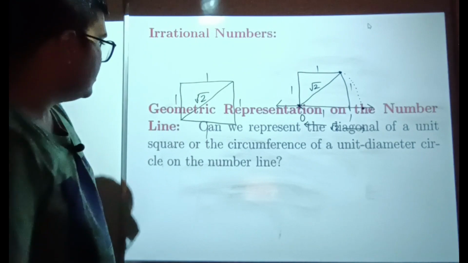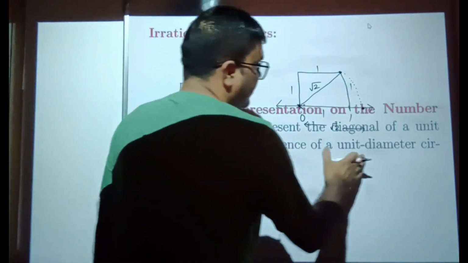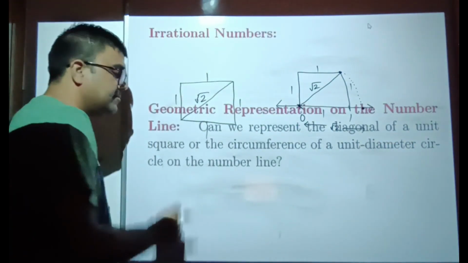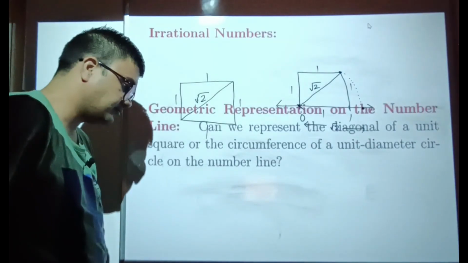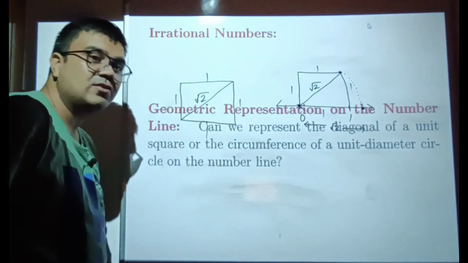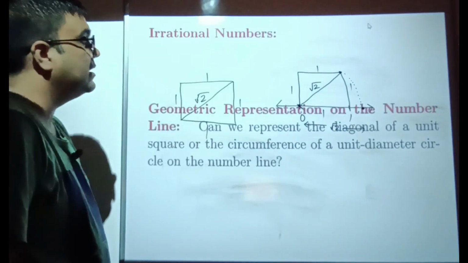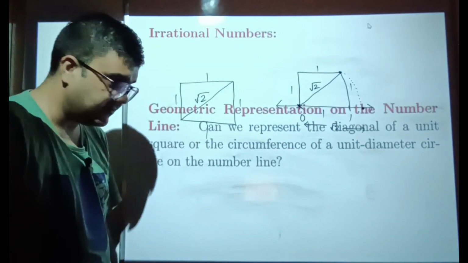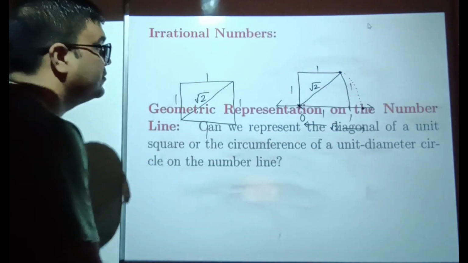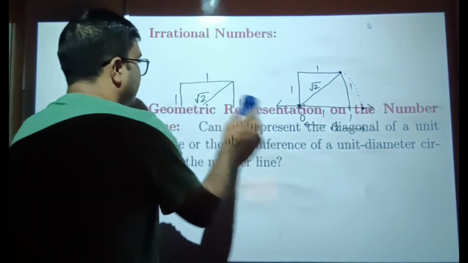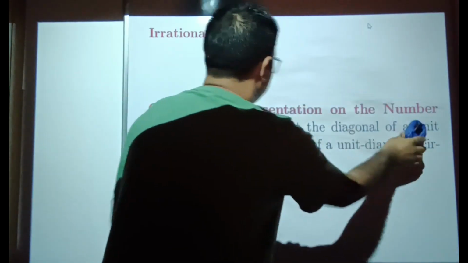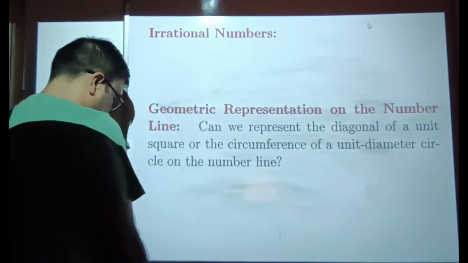Now the second part was the circumference of a unit diameter circle. We have to plot this. A circle whose diameter is 1 unit is given to us, and we want to plot that on the number line. So let us see how we can plot that point.